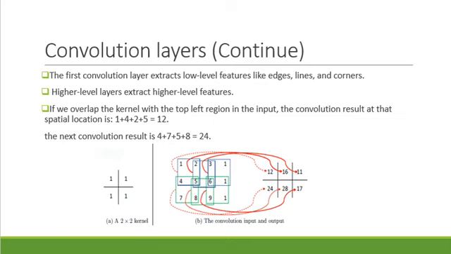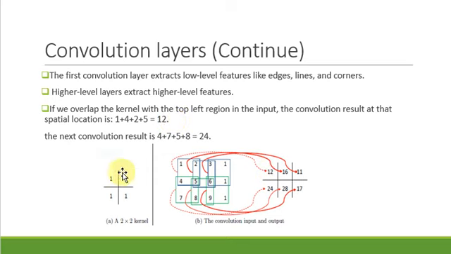So here we have the kernel with 1 1 1 1, and this is the image. We convolve the kernel with the first four numbers of the image. Simply multiply: 1 times 1, 1 times 2, 1 times 4, 1 times 5, and we simply add them, which is equal to 12. So here we see in the output 12.